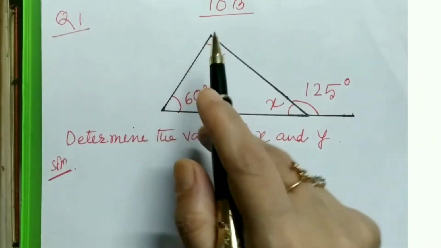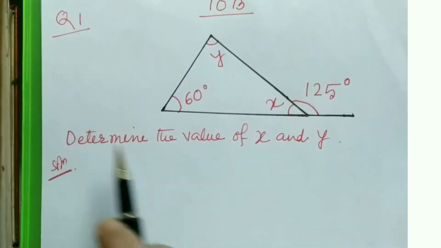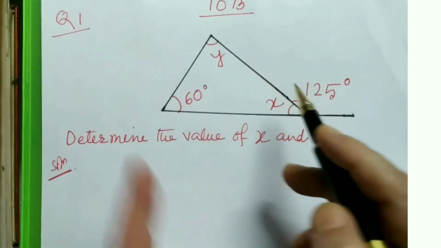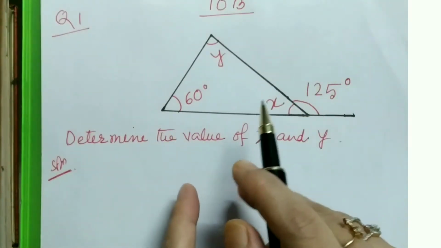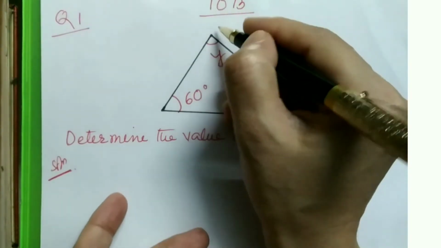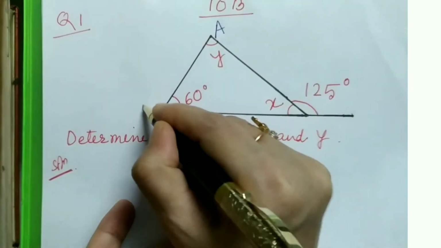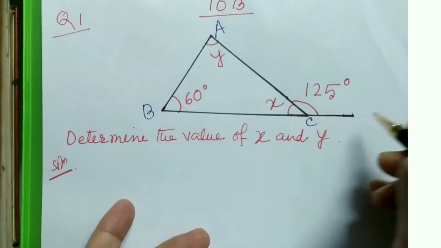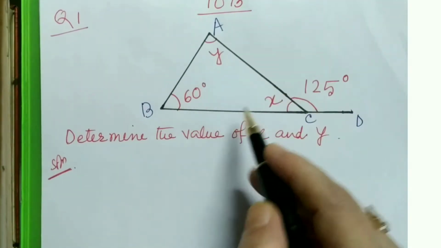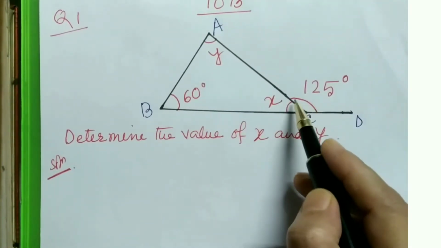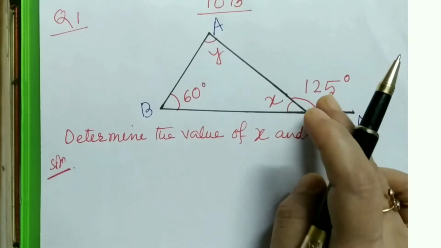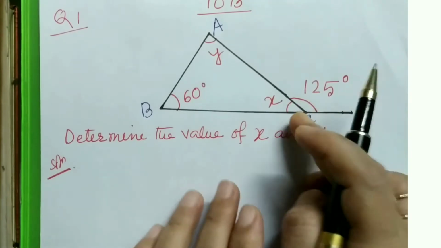Clear? Exercise 10B, question number 1. Determine the value of X and Y. Here one figure has been given and we'll have to find out the value of X and Y. First of all, let me name the triangle as A, B, C, and this point is D. Now you see in this figure, angle X and this angle 125 degrees are adjacent angles and they form a linear pair.